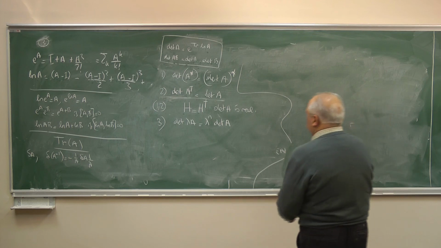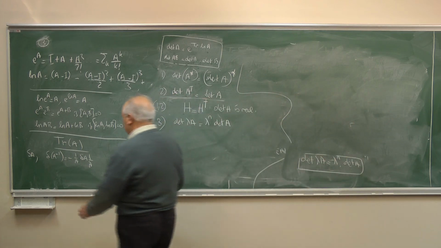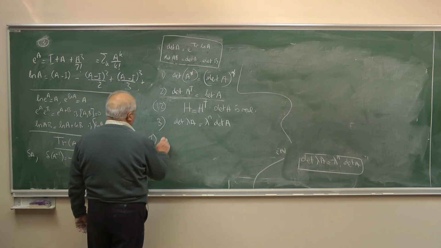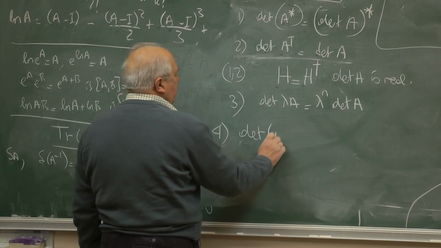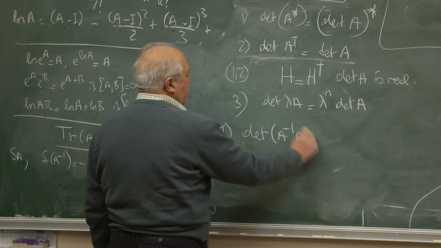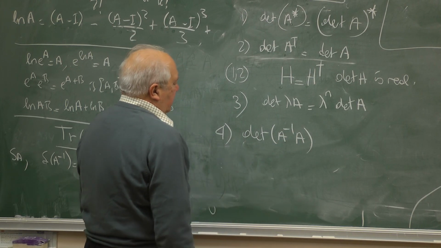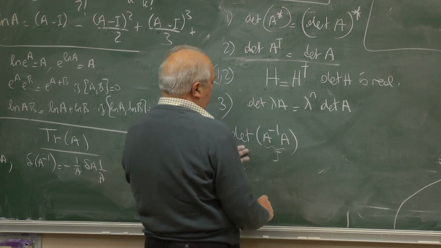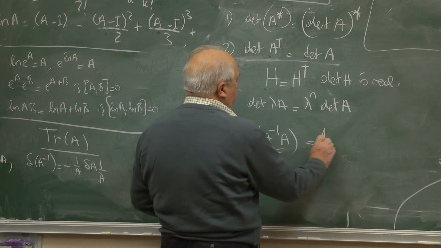All right. For an important thing that is so easy now to find out, determinant A times A inverse. This is simply the unit matrix, of course, and the determinant of the unit matrix is 1.